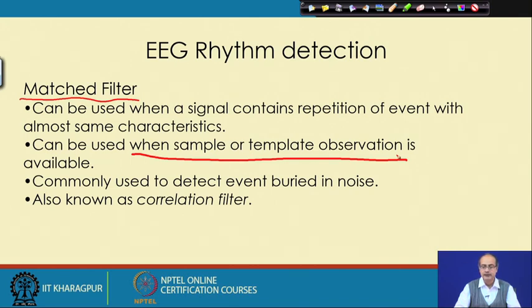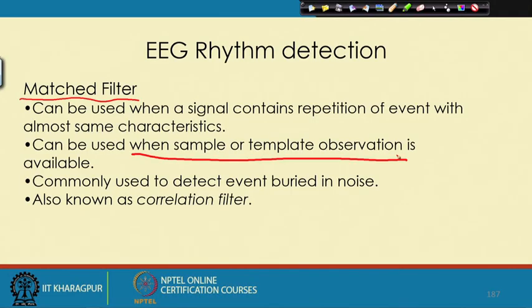For example, if you are an expert, then looking at the waveform you may tell that this is an alpha wave, this is a beta wave. That kind of qualitative description is not enough. In this case, we need those sample values to actually take advantage of the matched filter.